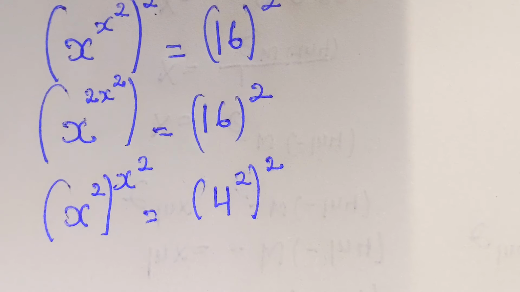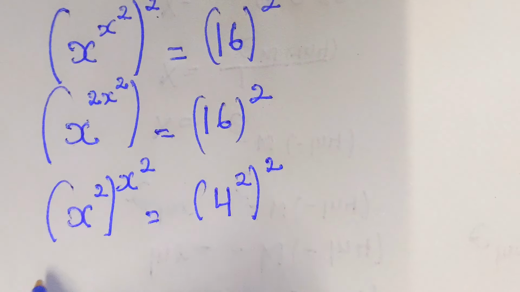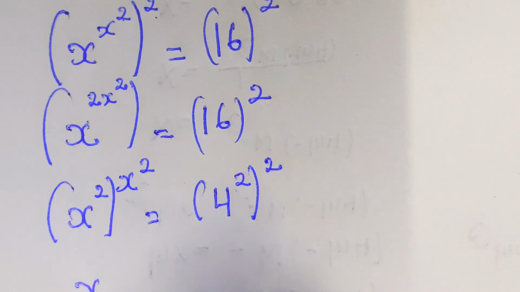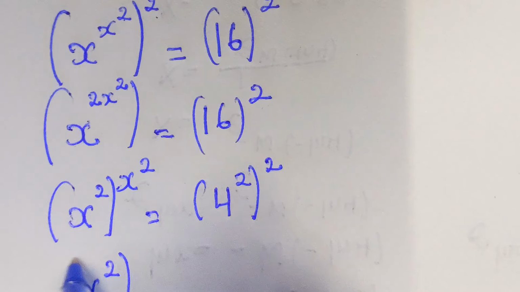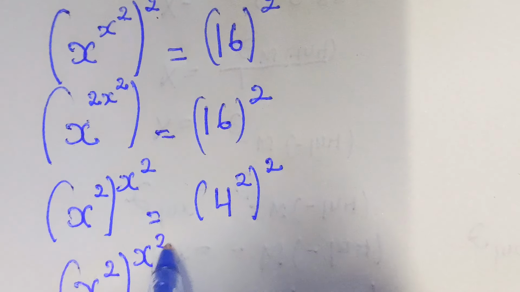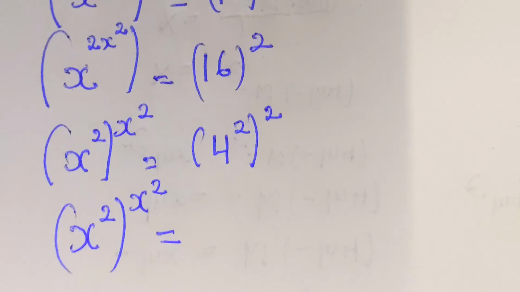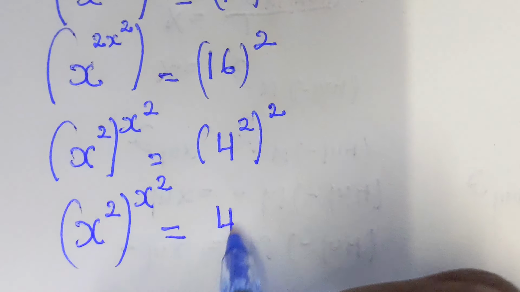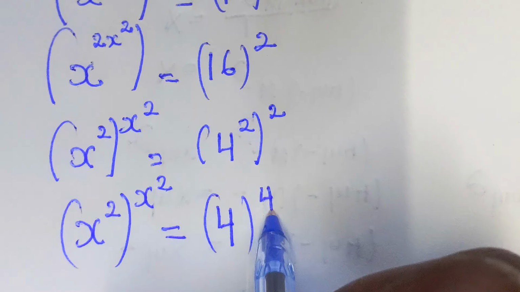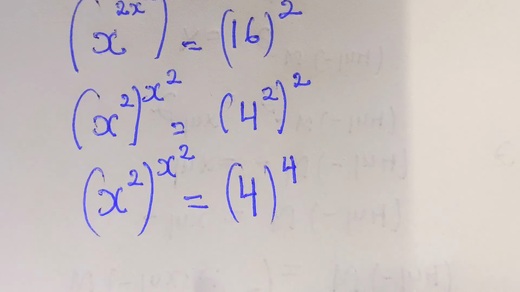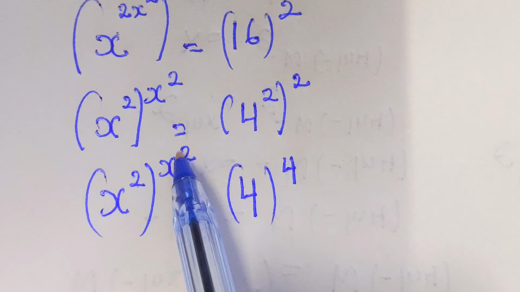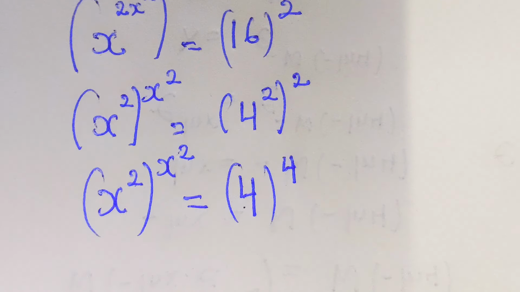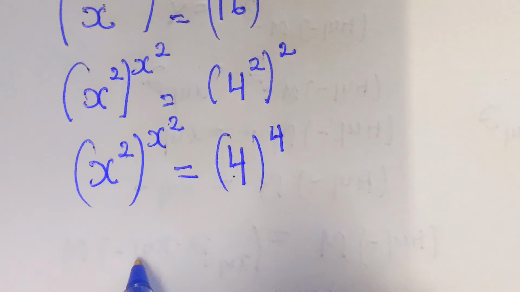Then by multiplying this one we shall get x squared then x squared equals 4 power 4. At this stage we have this one which is the same as this and the same as this, so that we shall equalize them.